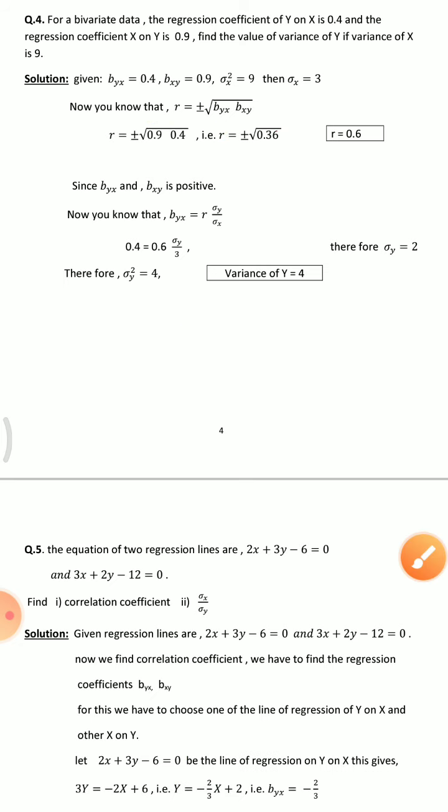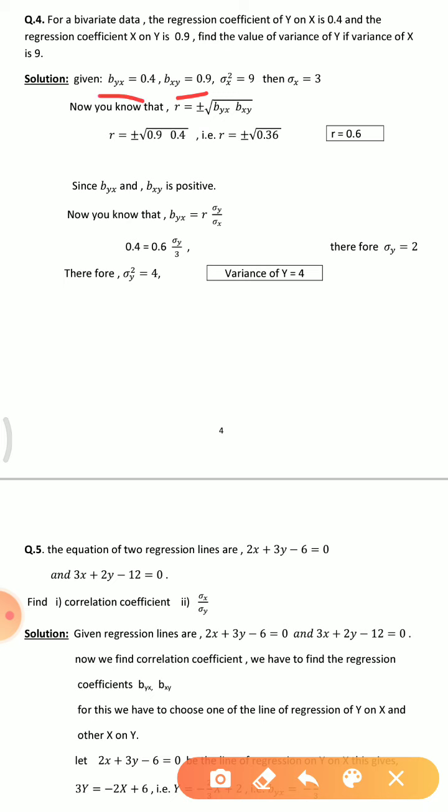Substitute both the values here. That is, r is equal to plus minus under root of the regression coefficient of y on x, 0.4, and the regression coefficient of x on y, 0.9 here. Multiplying this, r is equal to plus minus under root of 0.36.